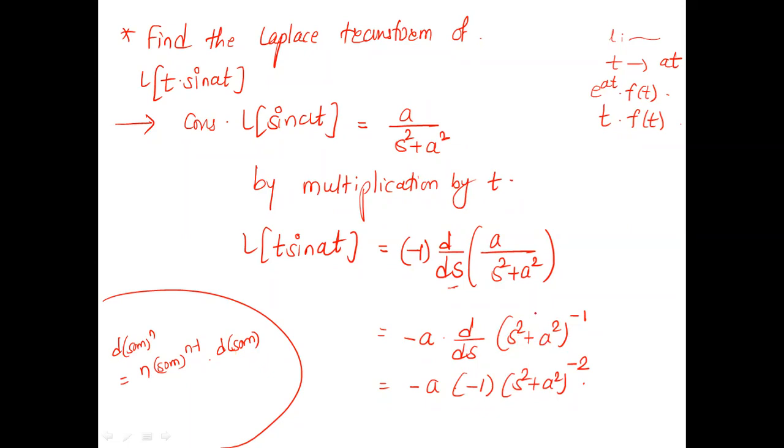What is the derivative of this? 2s. a square is constant, so its derivative is 0. Minus minus plus 2as. This is raised to minus 2. If it goes to the denominator, it becomes plus. So 2as over (s square plus a square) whole squared. Done. That is the answer.